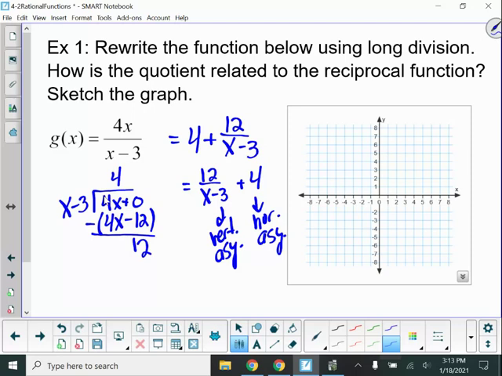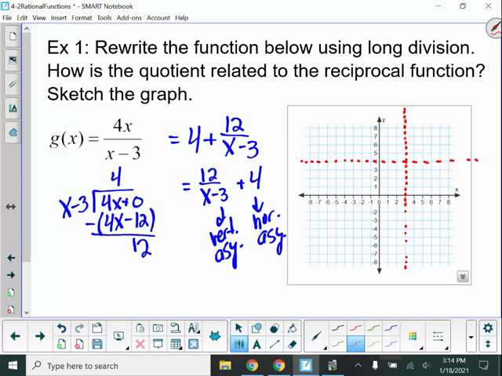Before we had a 1 on top, this one has a 12 on top. I do have an asymptote up here at 4 and an asymptote at 3, and then I'm going to be stretching everything by 12.